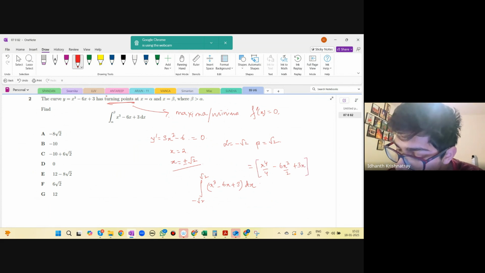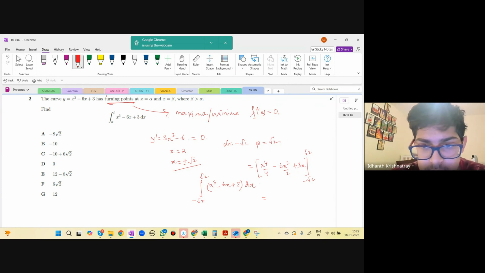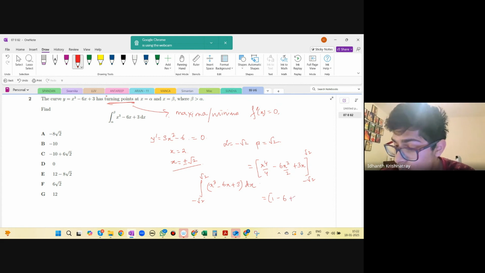This goes from minus root 2 to plus root 2. So root 2 to the power 4 means 2 into 2, 4 by 4 is 1, minus 3x square, that means 3 into 2, 6, so minus 6. Then 3 into root 2.